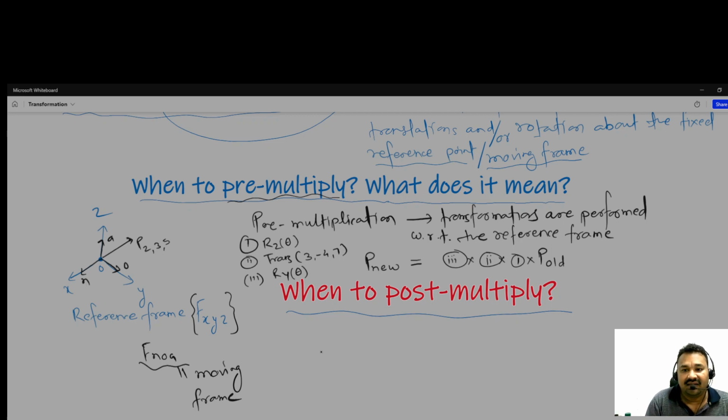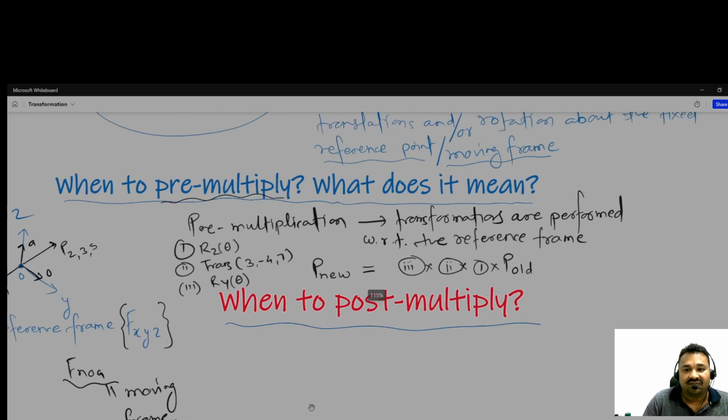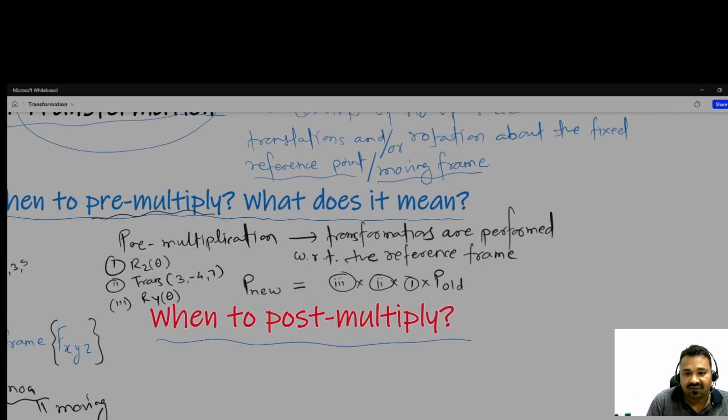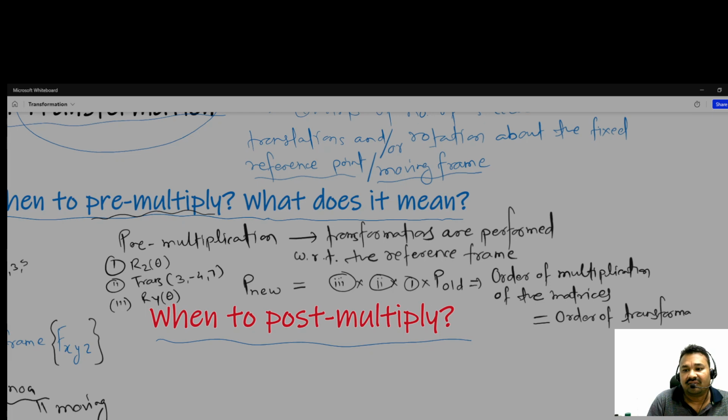ठीक है. Pre-multiplied means what, or you can say the order of multiplication of the matrices and the order of the sequence of transformations are same?